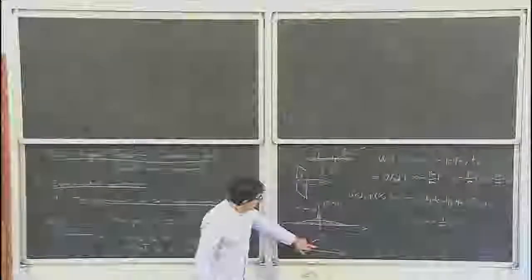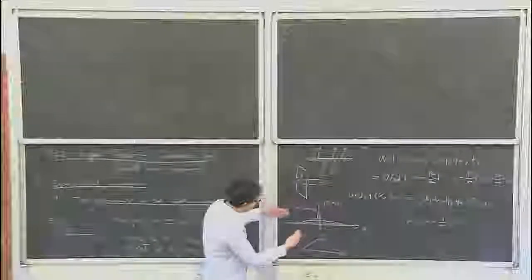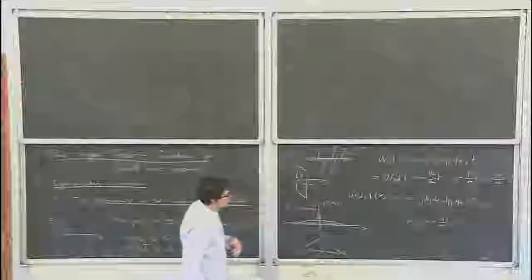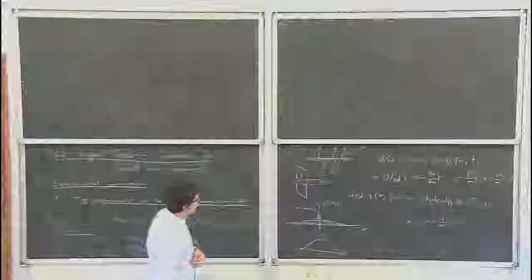And this well-defined shape, which you can measure, is precisely the momentum distribution in the cloud at time 0.